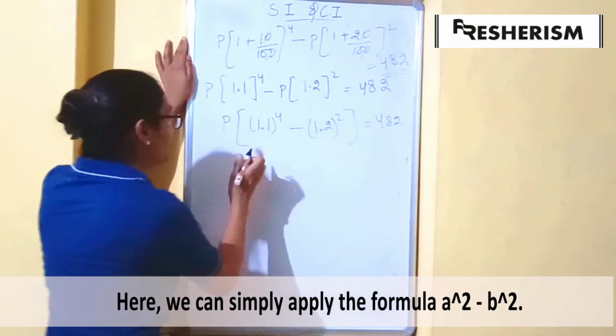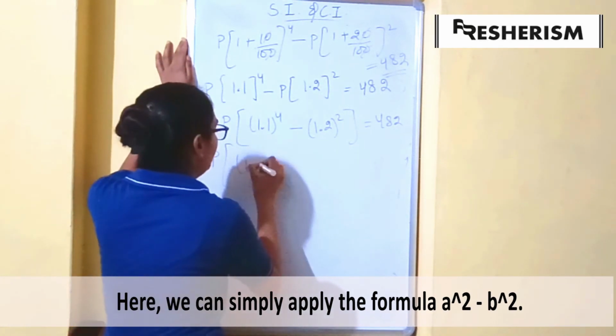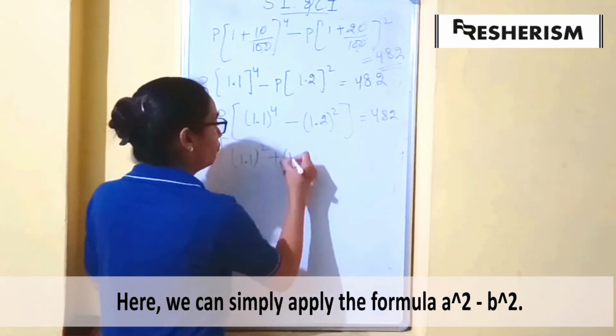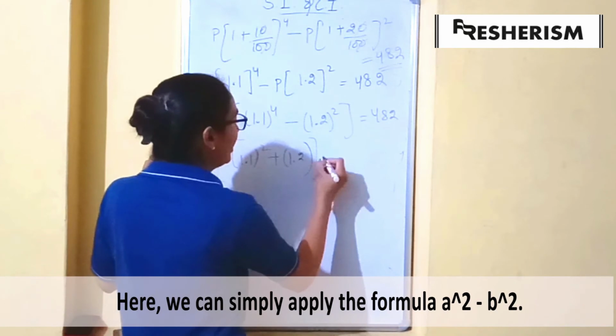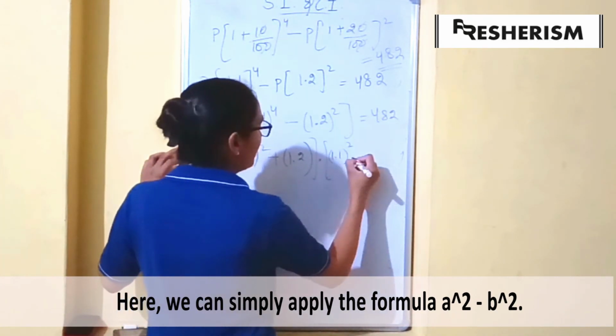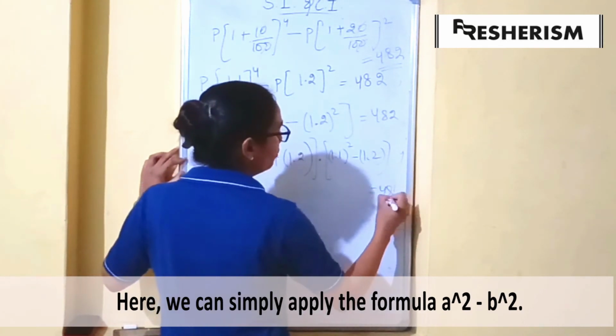In that case it will become P times 1.1 square plus 1.2, multiplied by 1.1 square minus 1.2. This equals 482.